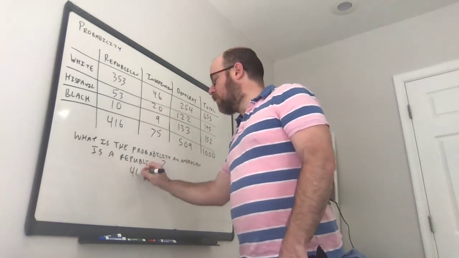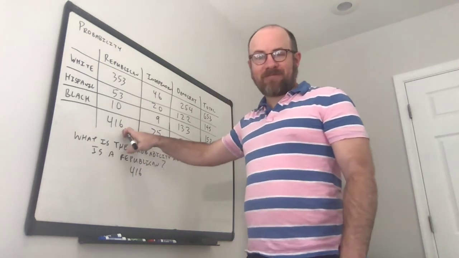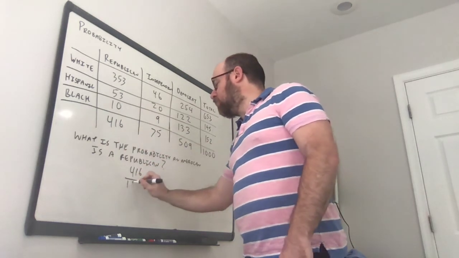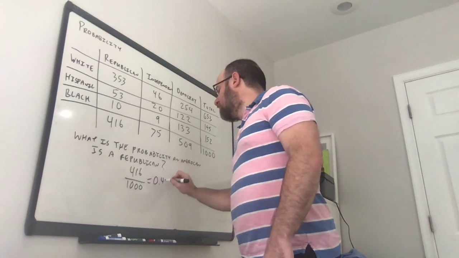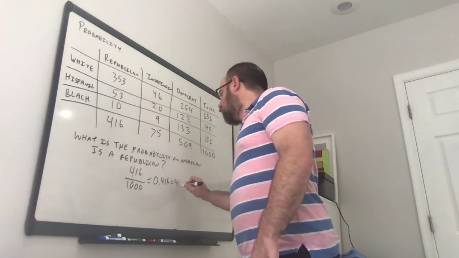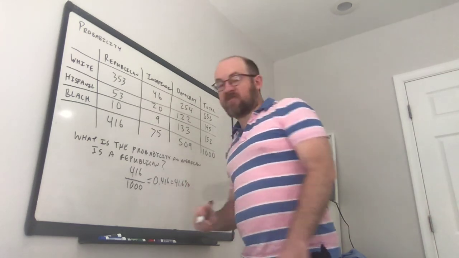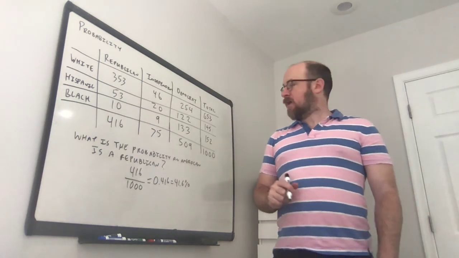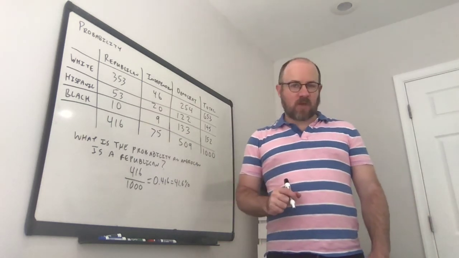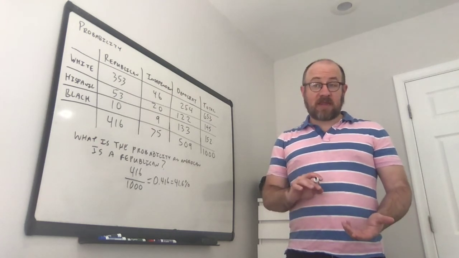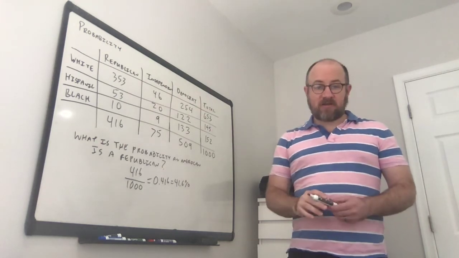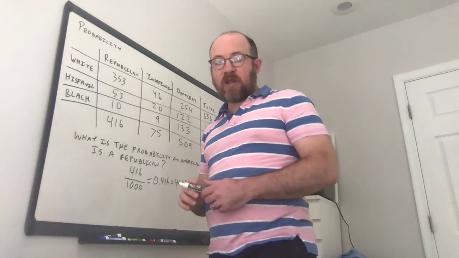So you would take 416 of the outcomes that match your event out of 1,000 total. So 0.416 or 41.6% of Americans identify as Republican. Okay? So in our next video, we'll talk about conditional probability and digging deeper into these kinds of tables and reading off values.